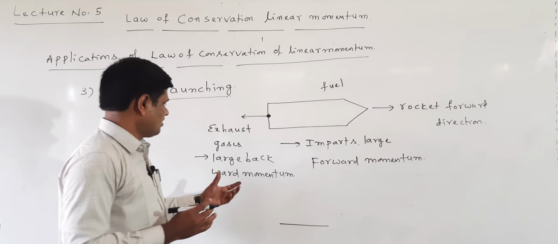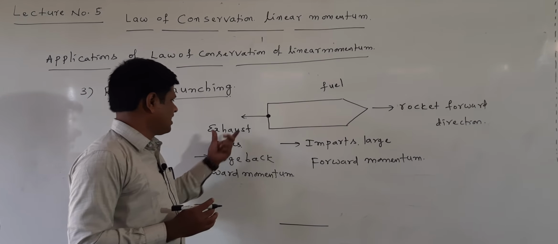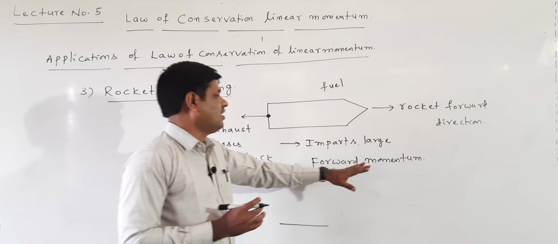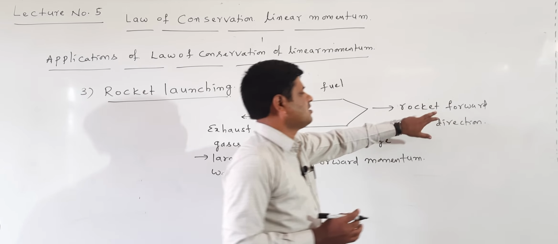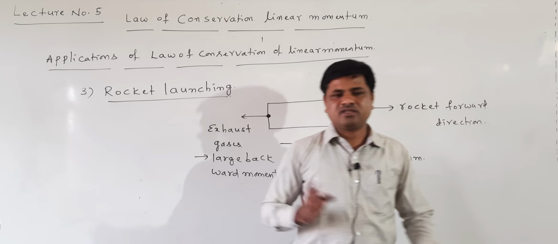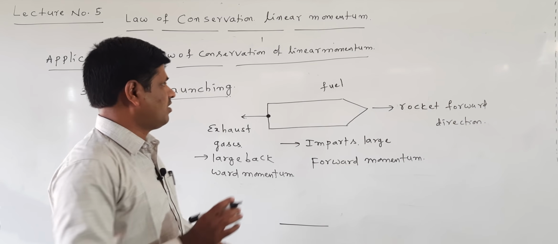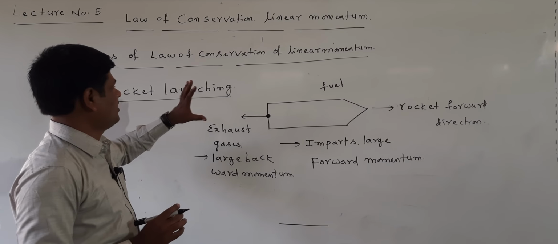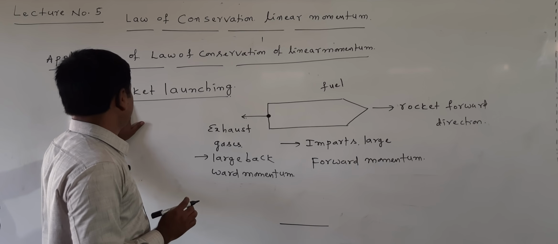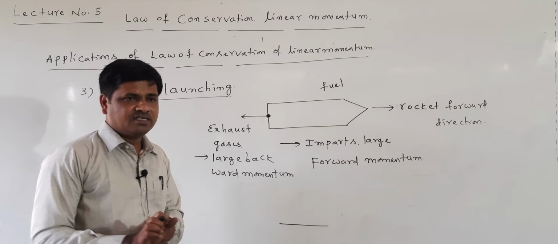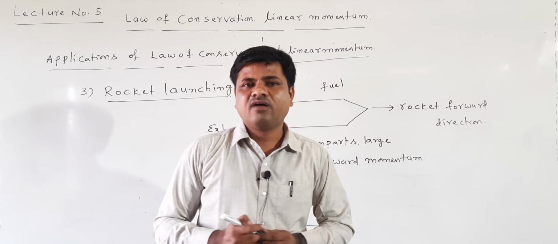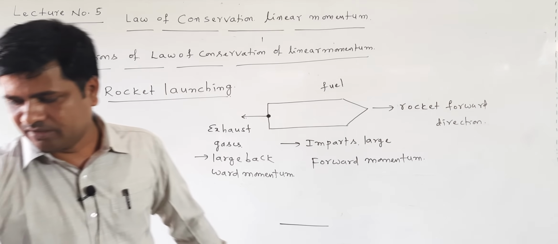Whatever momentum the exhaust gases get is given to the rocket, so the rocket moves in the forward direction. This is the third application of the law of conservation of momentum: rocket launching. This is the total concept of the law of conservation of linear momentum. Okay, thank you.